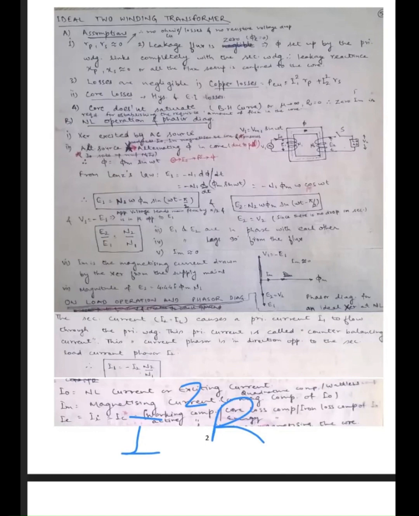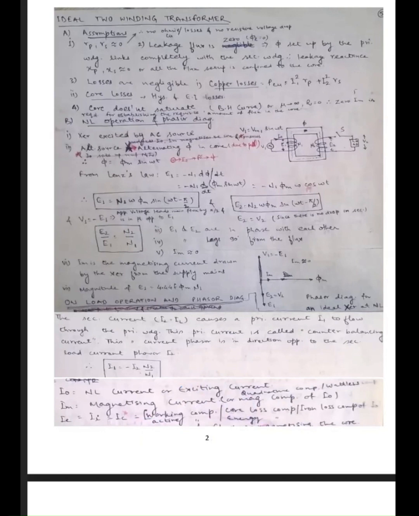So what should be done to reduce these? Now current is flowing in the primary side and also in the secondary side. If the primary side current is I1 and the secondary side current is I2, and the primary side resistance is R1 and secondary side R2, then whatever the magnitude of the primary and secondary current, so will be its losses.